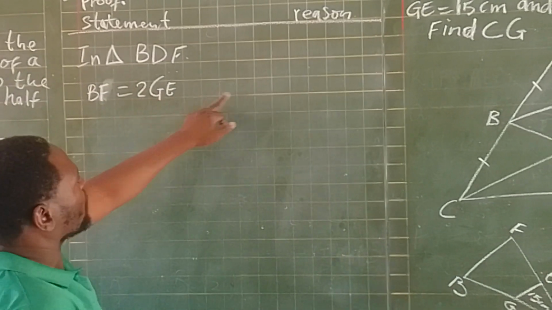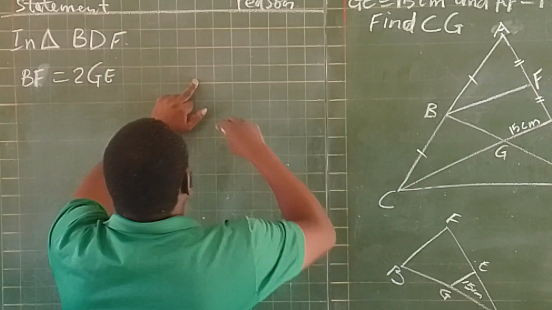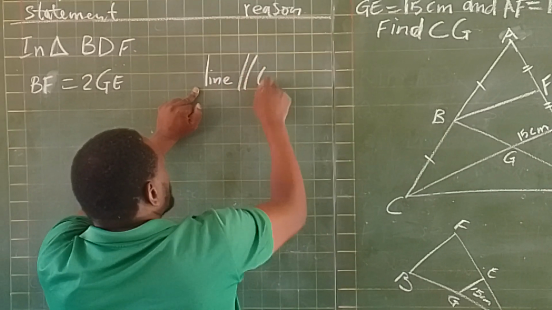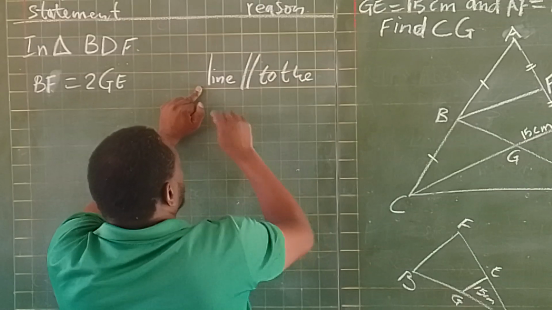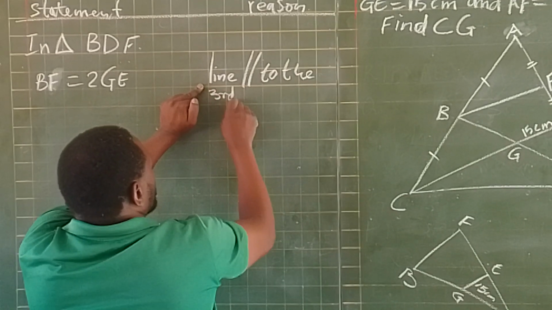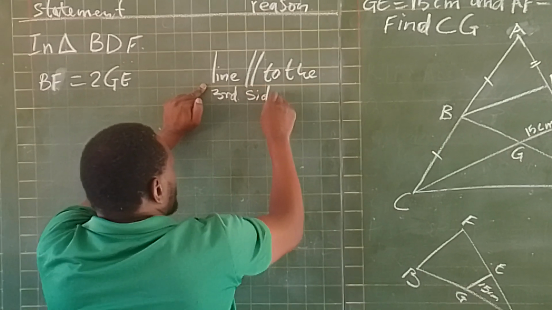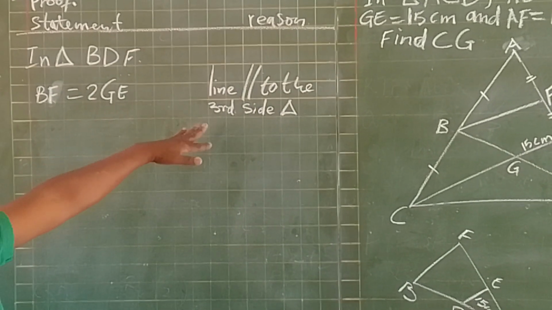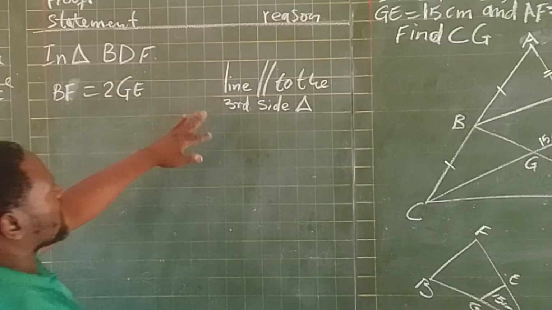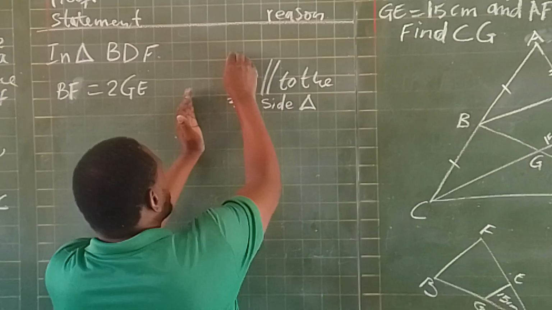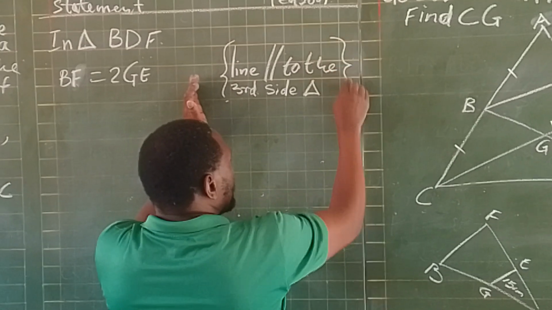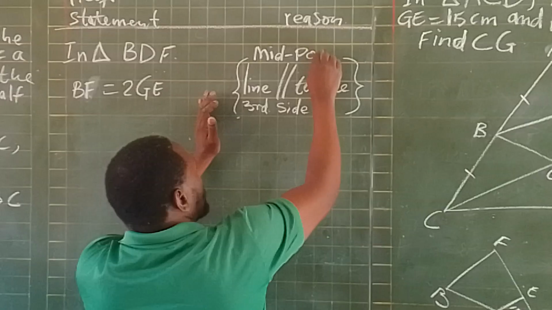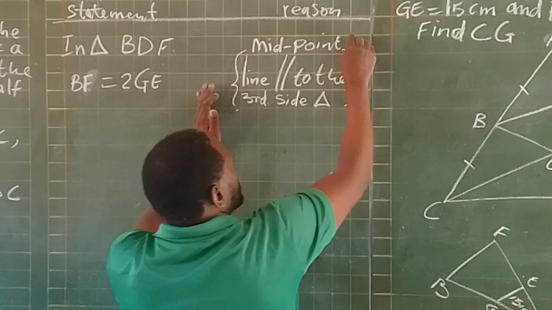BF is twice GE. What is the reason for that? Line parallel to the third side of a triangle, in such a way that it will be the midpoint, or this reason could be, use this midpoint theorem.